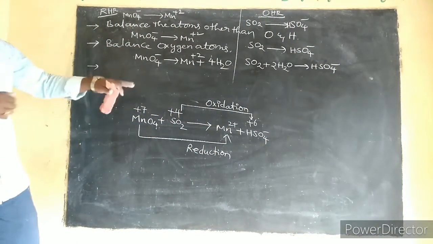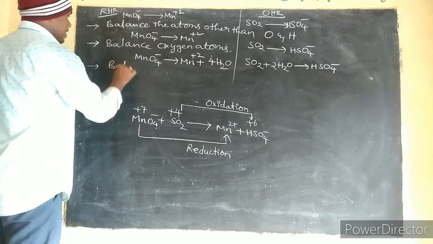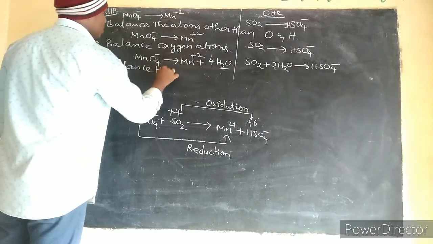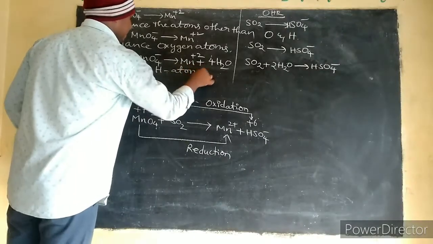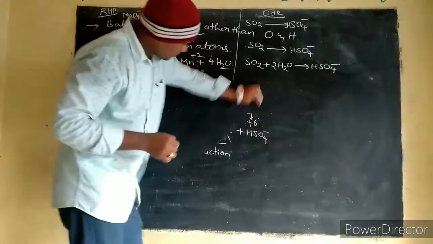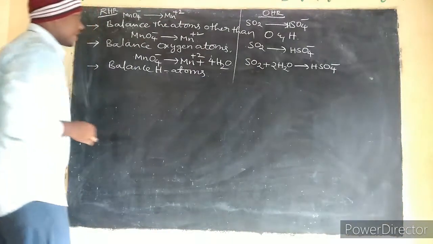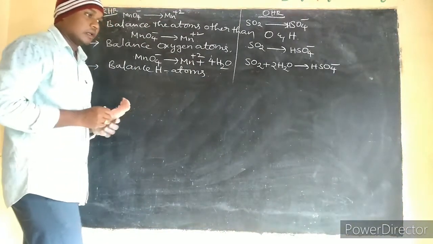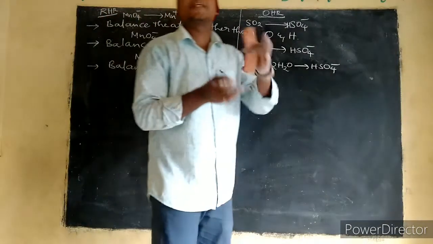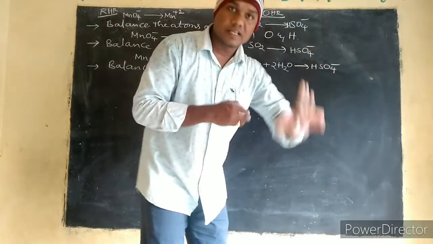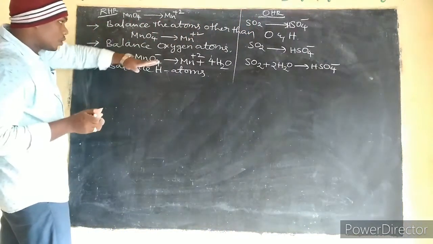Now in acidic medium, balance hydrogen atoms. In acidic medium, the required amount of H plus ions should be added at the deficient site. Correct? Now here there are only oxygens.